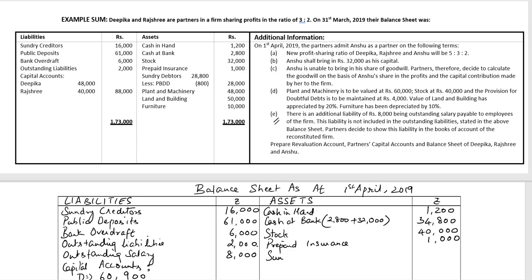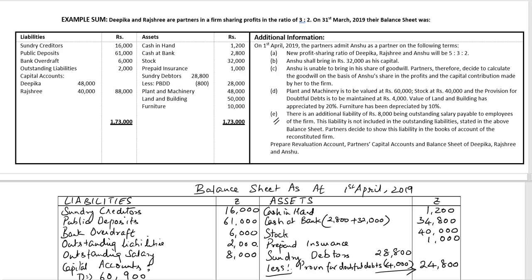Sundry debtors, original figure 28,800 less provision for doubtful debts. We had increased the provision to 4,000 rupees. So in the outer column we get 24,800 rupees as the amount of sundry debtors.